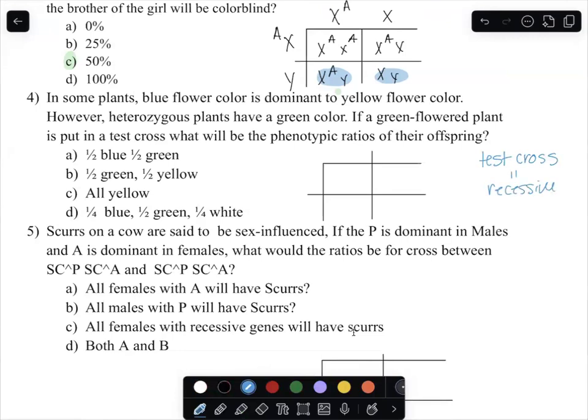So when you're doing a test cross, you're crossing it with the recessive. So here I'll just use a heterozygous plant. And because we have a test cross, we know it's going to be tested with a recessive.